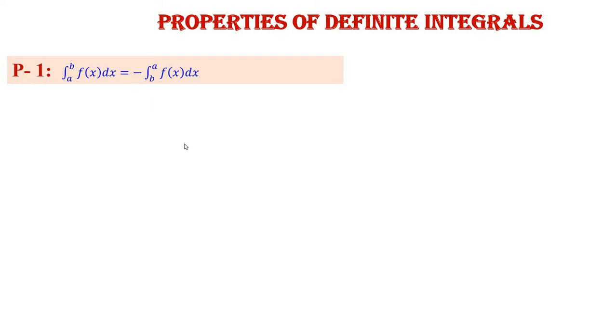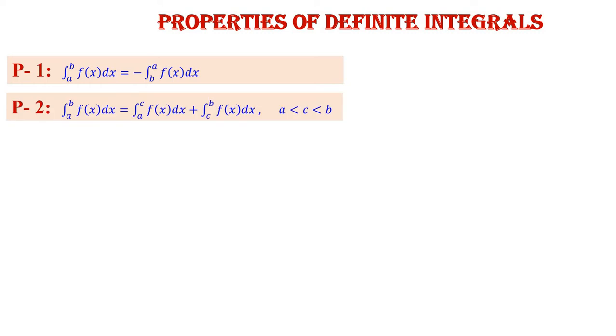And then the second one, integral a to b f of x dx, whenever we have c coming between a and b, this can be rewritten as integral a to c f of x dx plus integral c to b f of x dx.